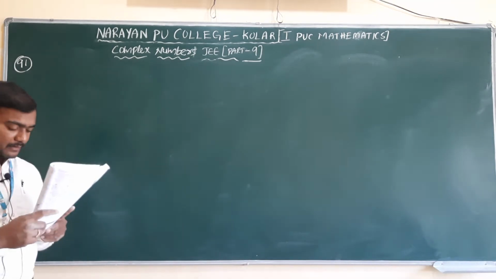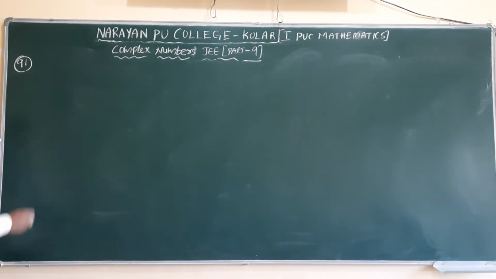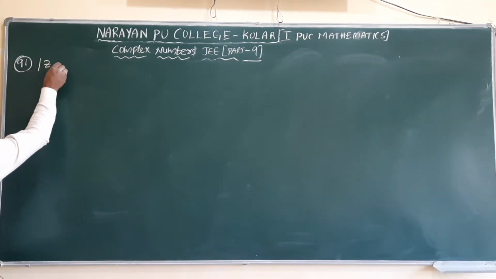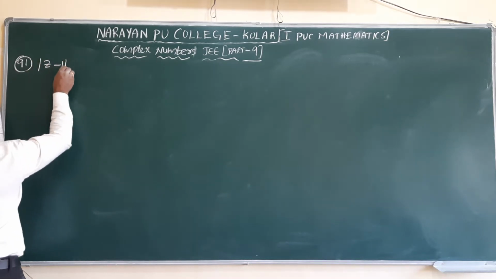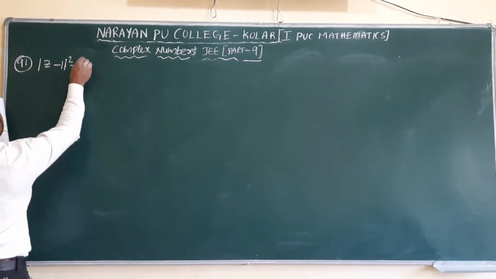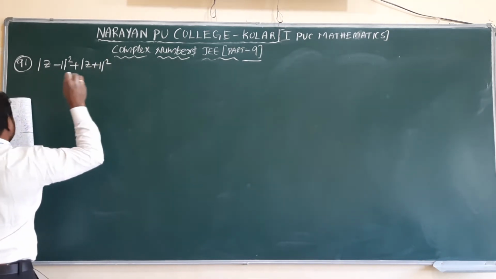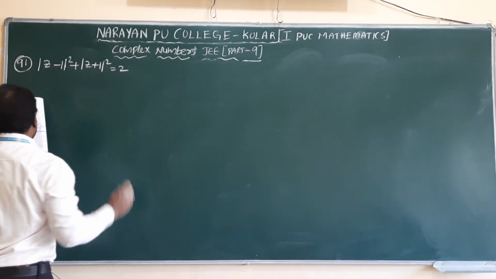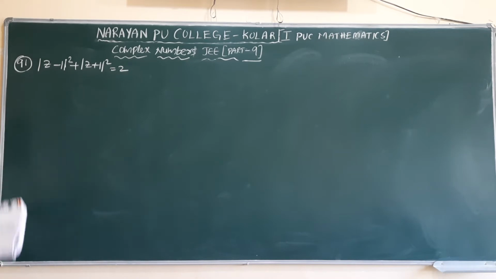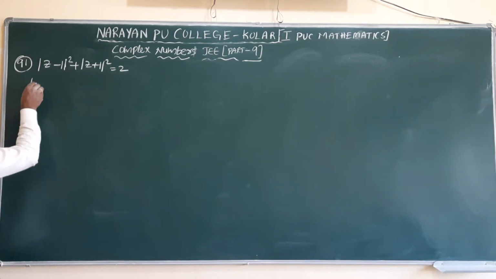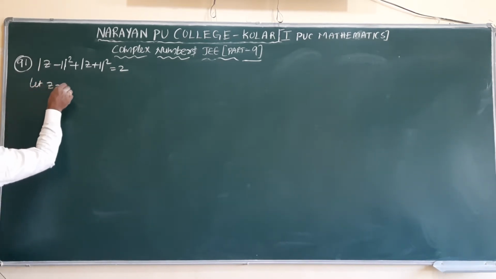Next, question number 91. The equation modulus of z minus 1 whole square plus modulus of z plus 1 whole square is equal to 2 represents what? Let z is equal to x plus iy.